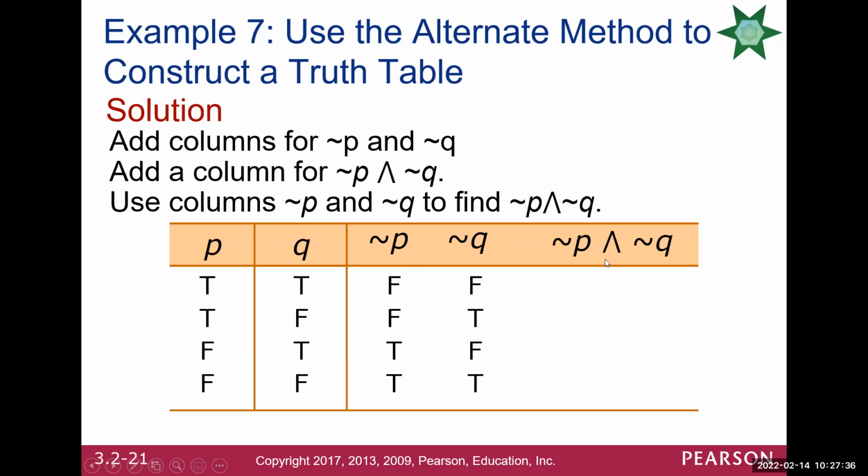Now, if I'm going to do the operation of a conjunction, whenever I see this symbol, I ask myself, is this and this true? Are both of these true at the same time? No. So the outcome right here is going to be a false. And then right here, if I go down a row, is this and this true at the same time? No. So I'm going to get another F.